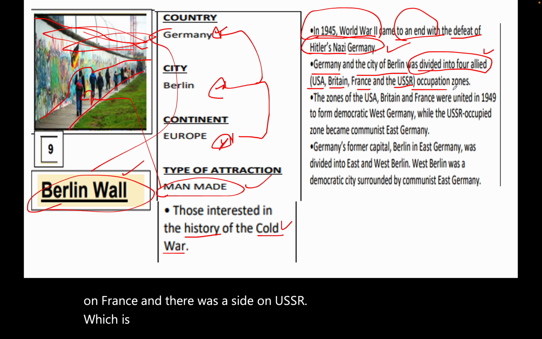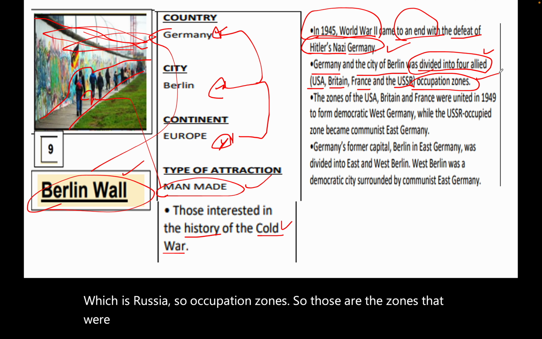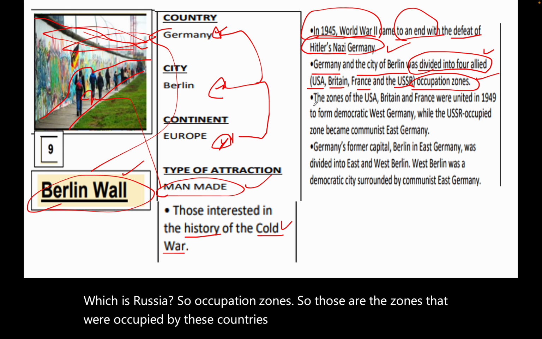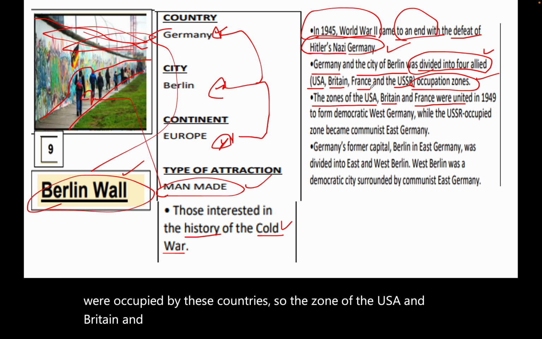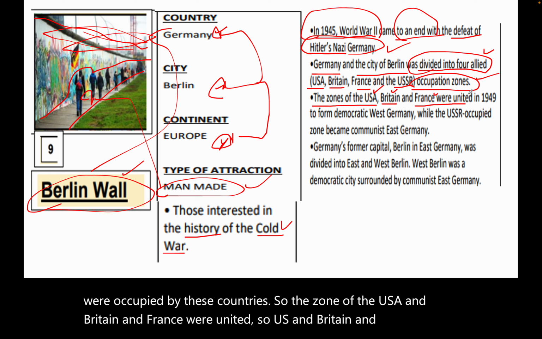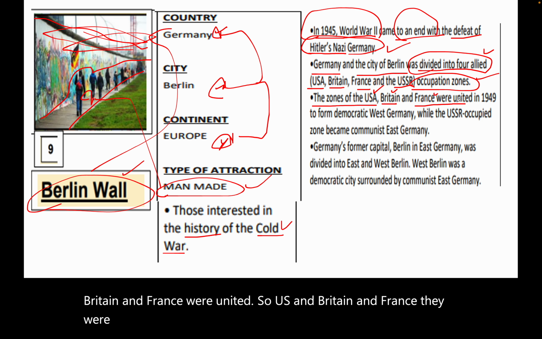These were the occupation zones, occupied by these countries. The zones of the USA, Britain and France were united in 1949.